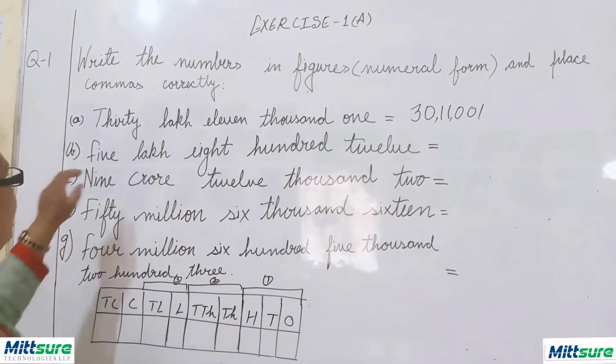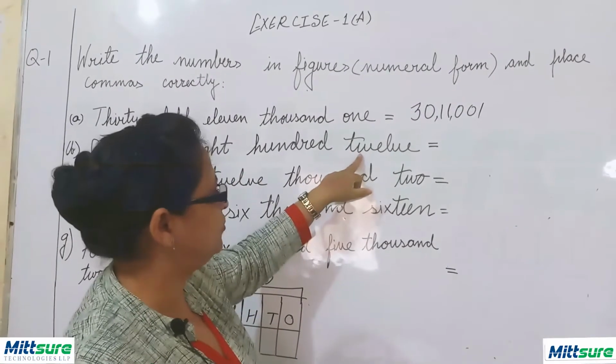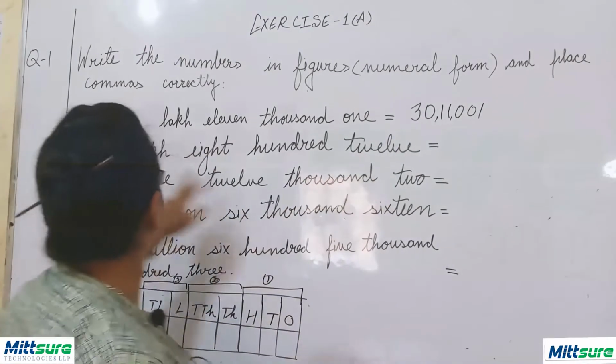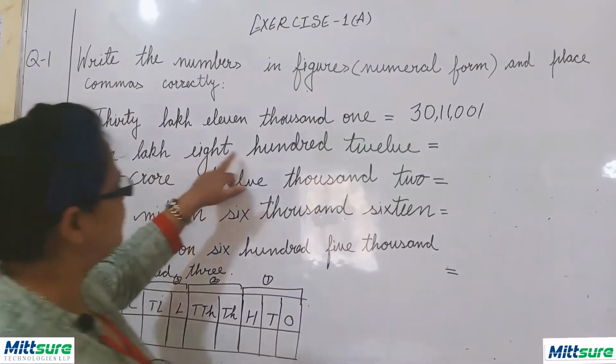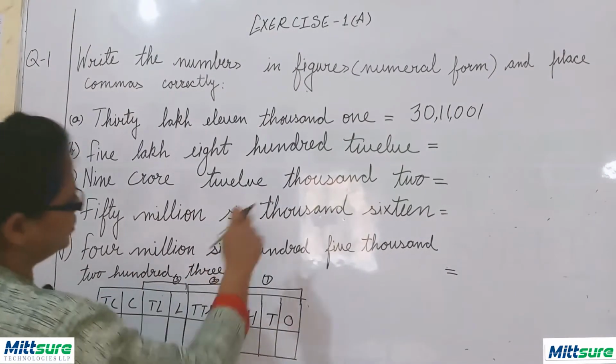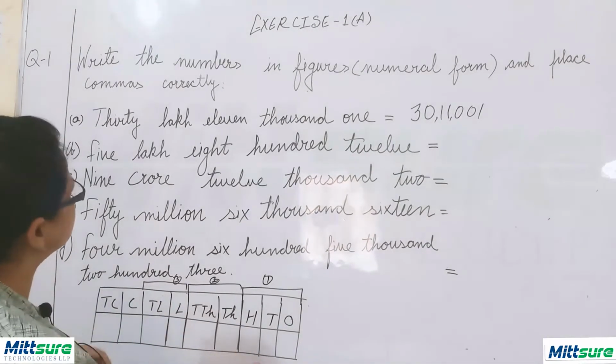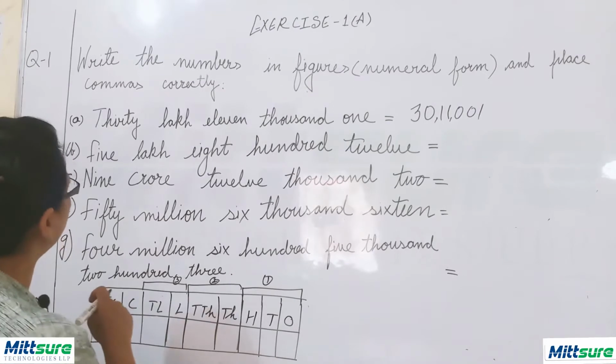Number B is 5 lakh 812. We will put the number in the Indian place value chart. That is 5 lakh.